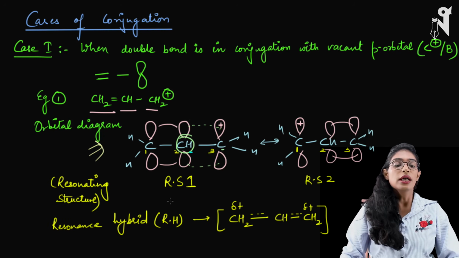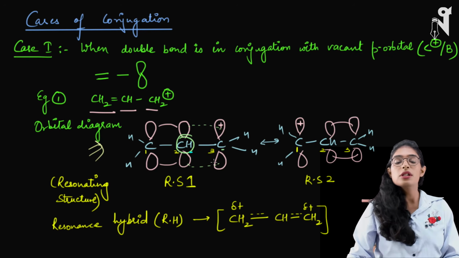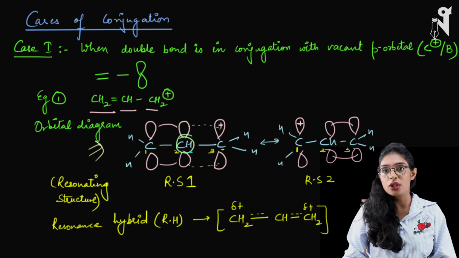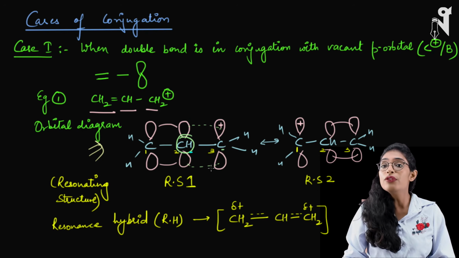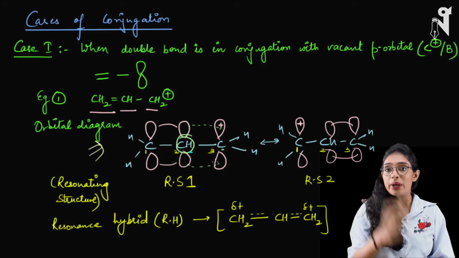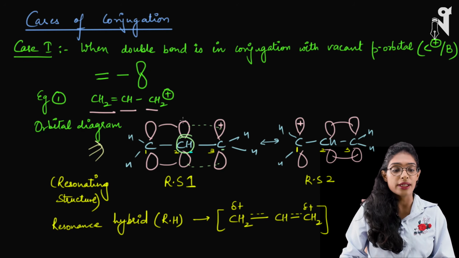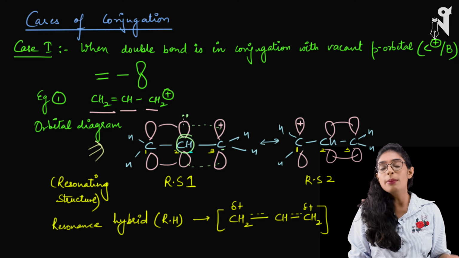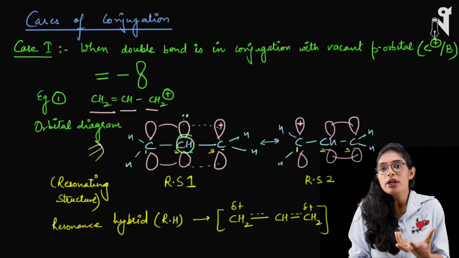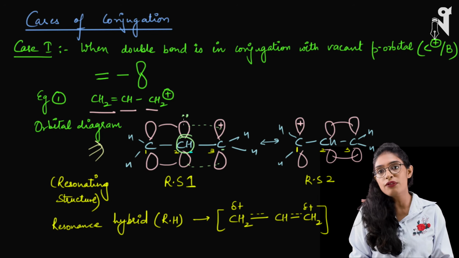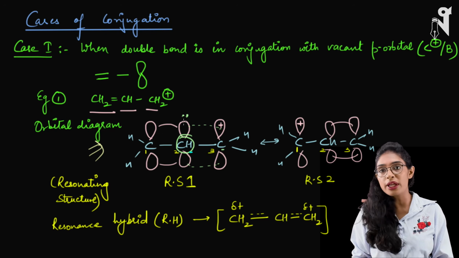Now the second and third carbon's p orbitals want to overlap with each other, but the second carbon's valency is already fulfilled. So what will it do? It will break the existing pi bond in such a way that it gets the electron density, because it can form the bond with the third carbon only if it has some electron density, since the third carbon is already electron deficient. That is positive; this has to be negative.